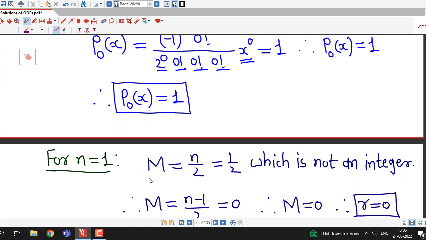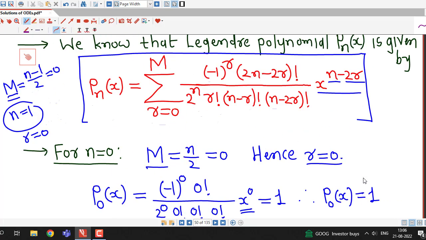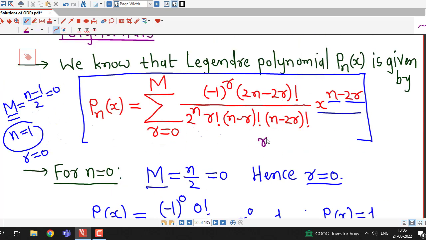For n equal to 1, capital M is, if we take n by 2, we obtain 1 by 2, which is not an integer. So we consider n minus 1 by 2, and for n equal to 1 it becomes 0. Therefore M is 0. r is from 0 to M, therefore r is also 0. And now we put r equal to 0, n equal to 1 everywhere here.